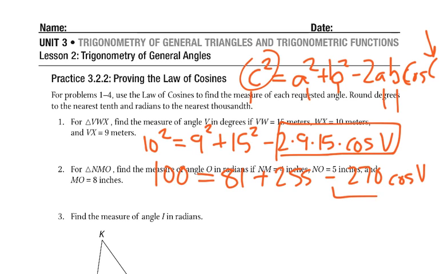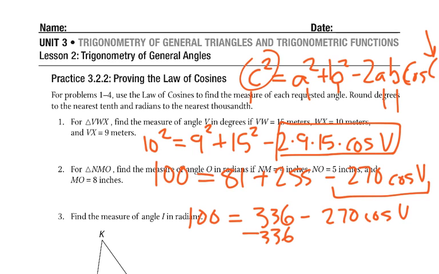So basically, we need to get this all by itself, and then we can solve for it. So 81 plus 225 gives us 306, minus 270 cosine of V equals 100. Subtract 306.